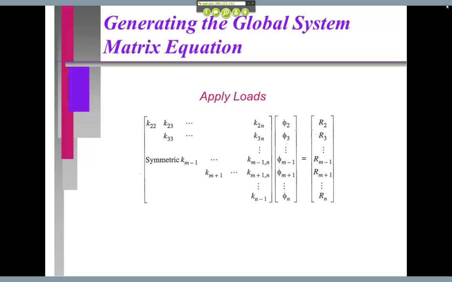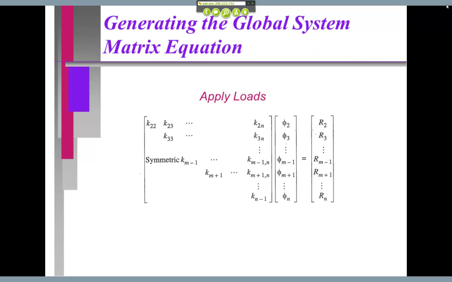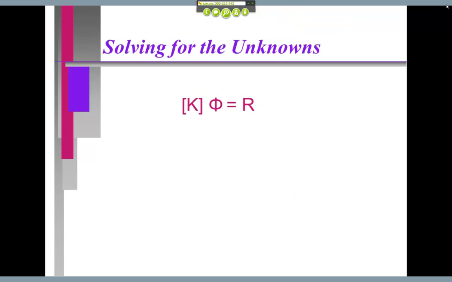We have to then apply the loads, which are the known forces acting on this thing. So those get plugged into the R values. And once those are plugged in, then we have to solve this problem.